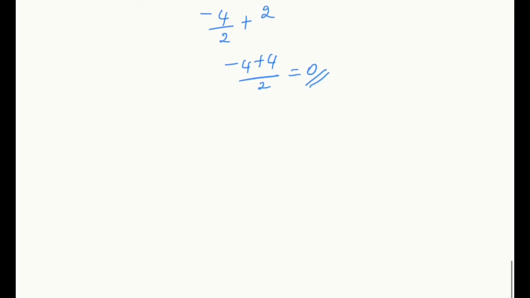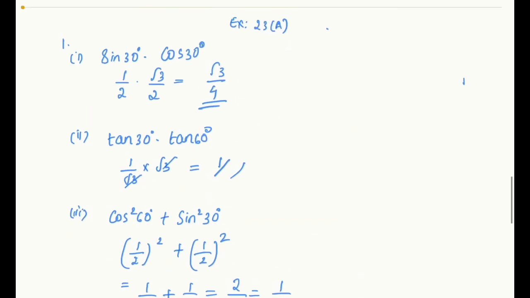The third question: 3 times sine square 30 degree plus 2 times tan square 60 degree minus 5 times cos square 45 degree. Just have a look. Sine 30, tan 60 and cos 45 you need.